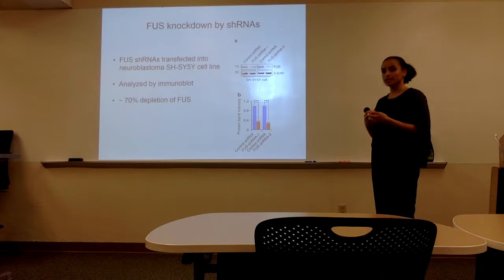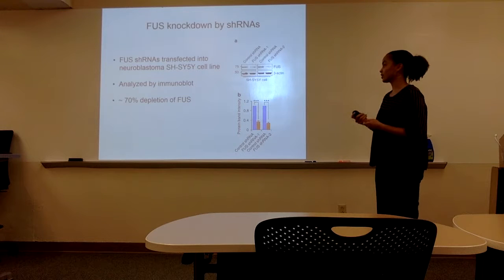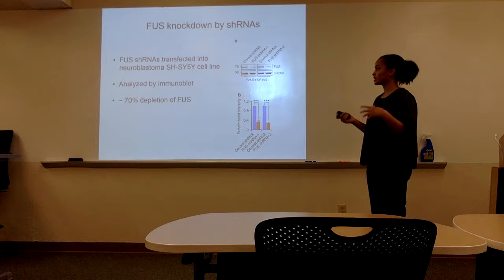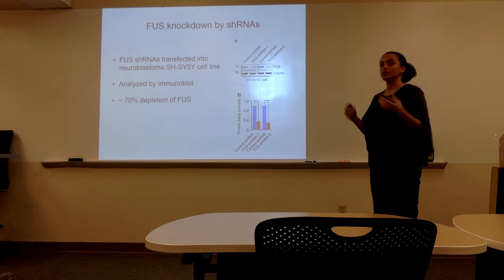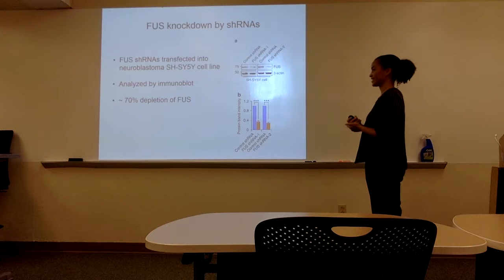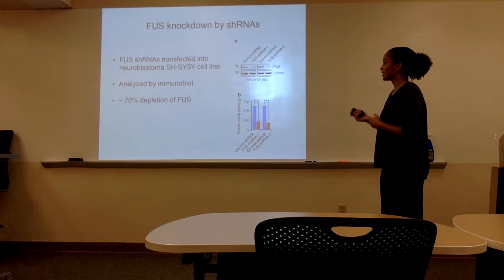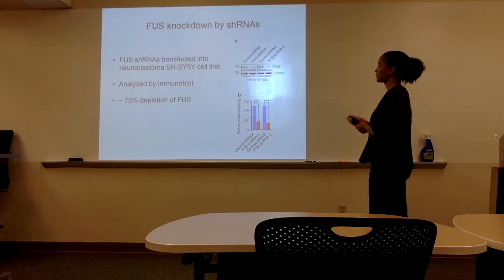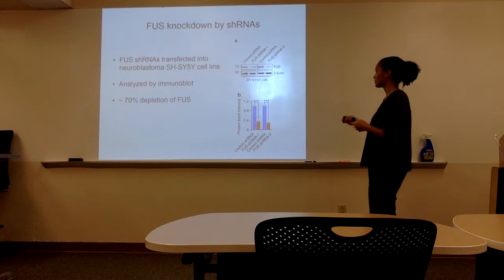One of the first things they did is that they knocked down FUS using shRNAs. The FUS shRNAs were transfected into neuroblastoma cells called the neuroblastoma SHSY5Y cell line, and they analyzed these results using immunoblot. What they found is that there was around a 70% depletion of FUS.